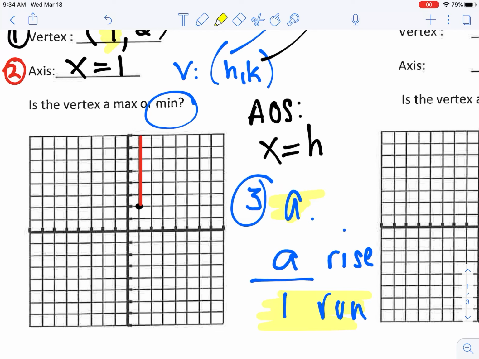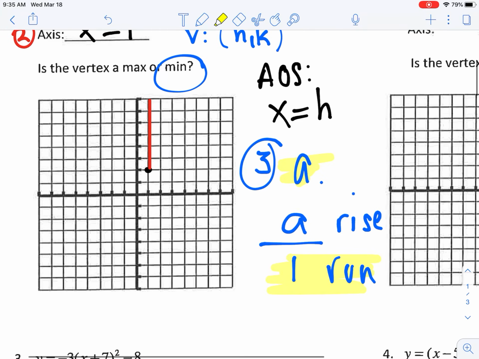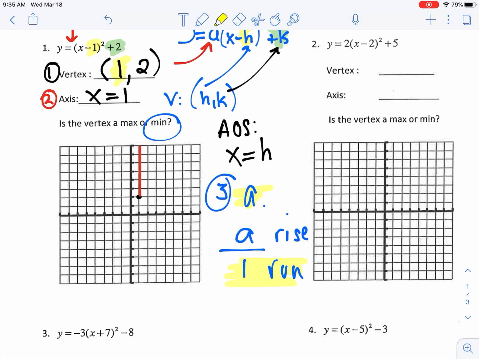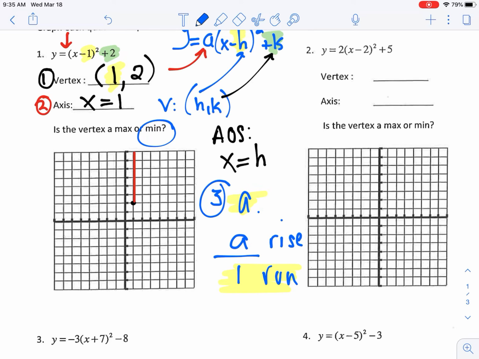Secondly, it is not constant like a linear function is. You can't keep rising and running, but this does work one time from the vertex.